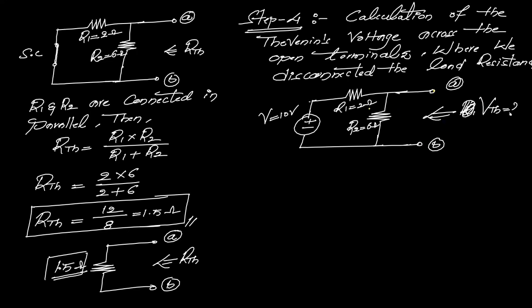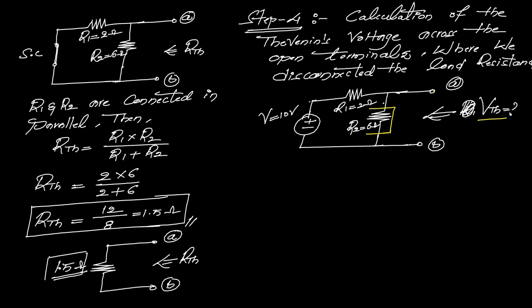Whatever voltage drop we get across R2, that same voltage drop directly appears across terminals A and B. Yes or no? Because this is a parallel network if you consider the terminals A and B. It means the value of VTH across terminals A and B is the voltage drop across R2.